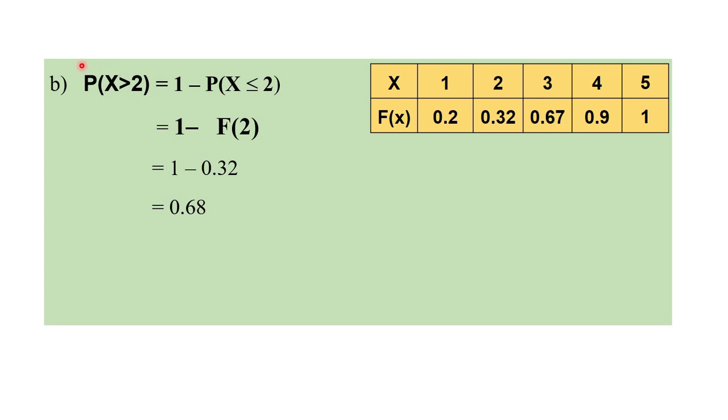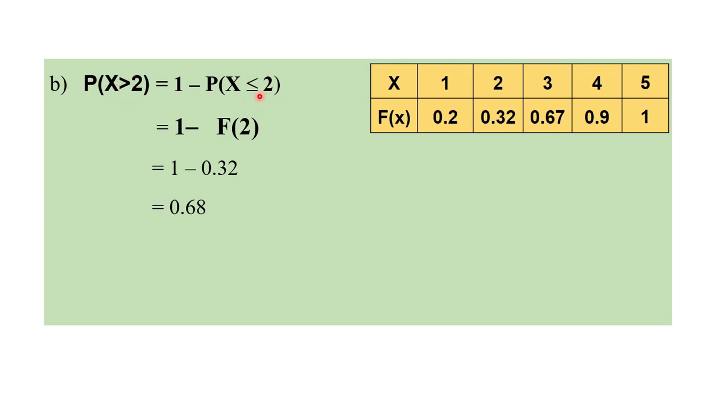Now we continue. The question asks to find the probability for x more than 2. So we need to create the formula, because x more than 2 means 2 is not included here. So we can create the formula by 1, the total of all the probability, minus the probability at less than or equal to 2, because we didn't want 2 here.